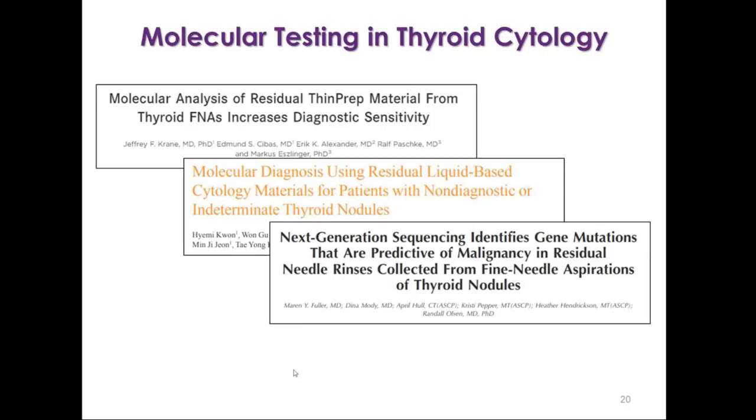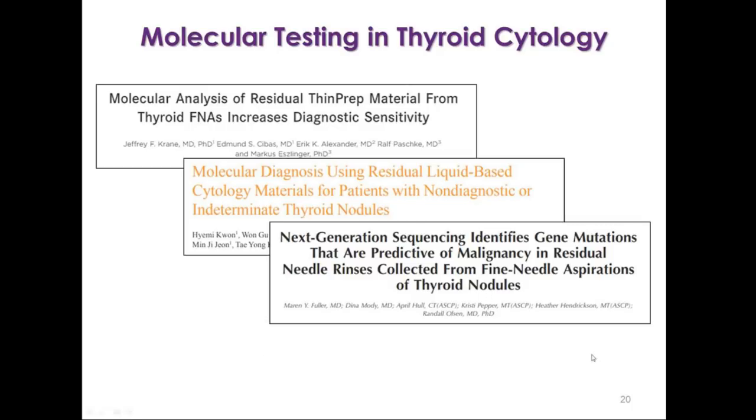A lot of institutions have published that, similar to how we do HPV testing from our residual liquid-based cytology, they have utilized the residual liquid-based cytology from thyroid FNAs to show that you can actually do molecular testing, including next-gen sequencing.